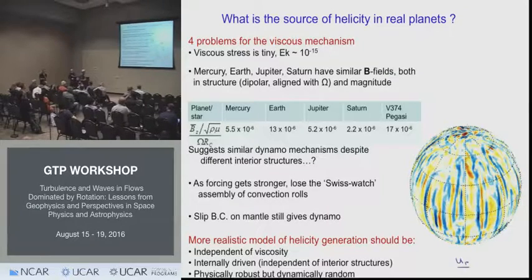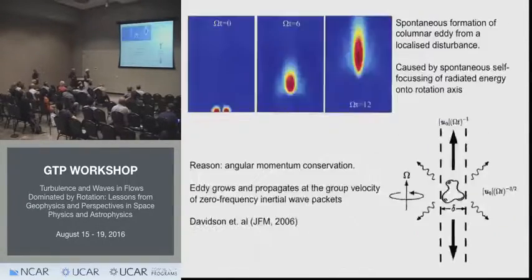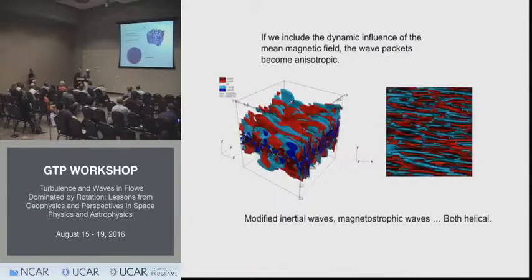In fact, I agree. So I gave you the low magnetic field picture because it's easier to tell. If you then embrace the fact that these inertial waves are punching through a magnetic field, they probably, not necessarily, but they possibly convert into magnetostrophic waves, which then become essentially very anisotropic structures.